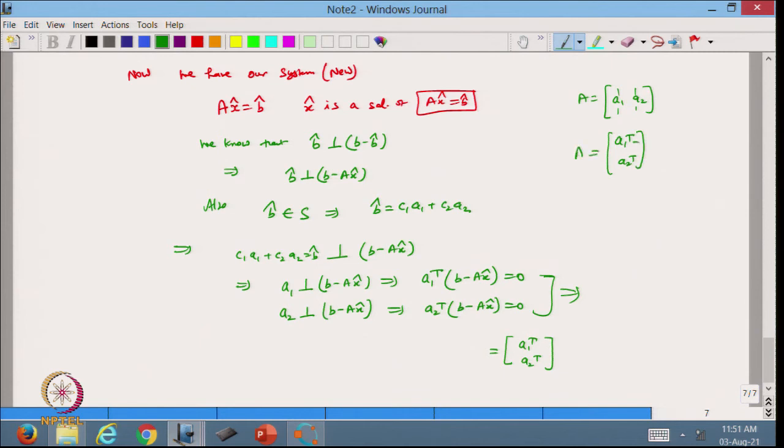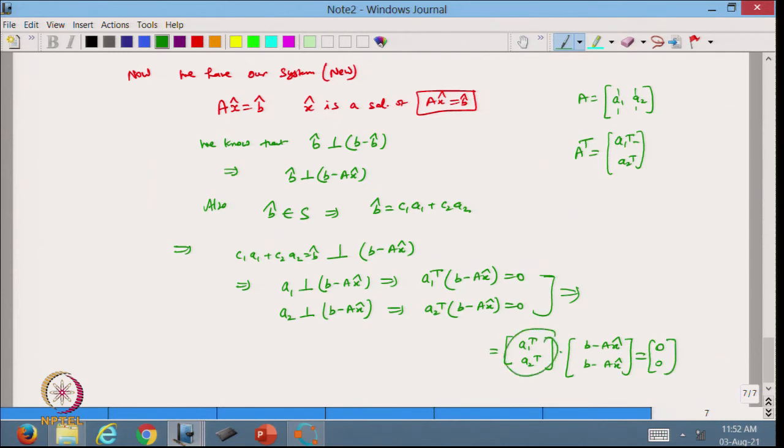So this is equal to A transpose, taking the dot product with the vector b minus A x hat, giving 0 0.